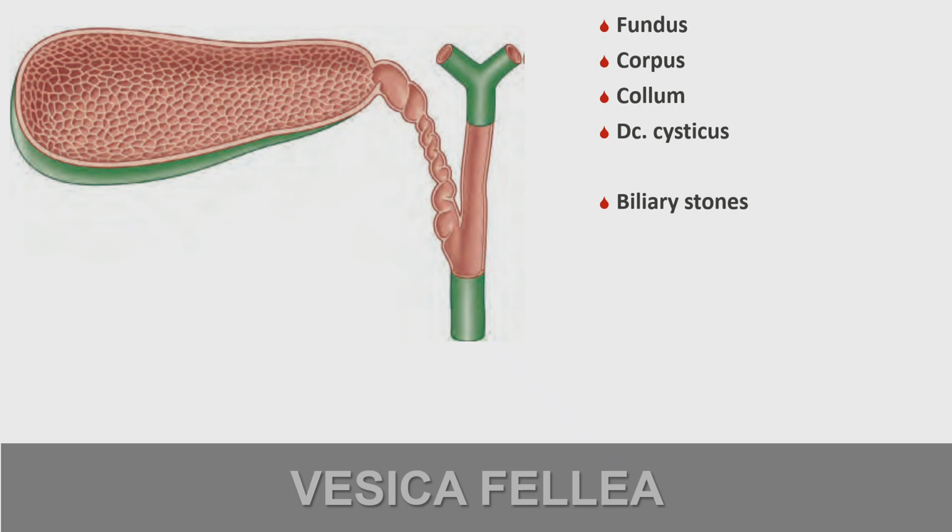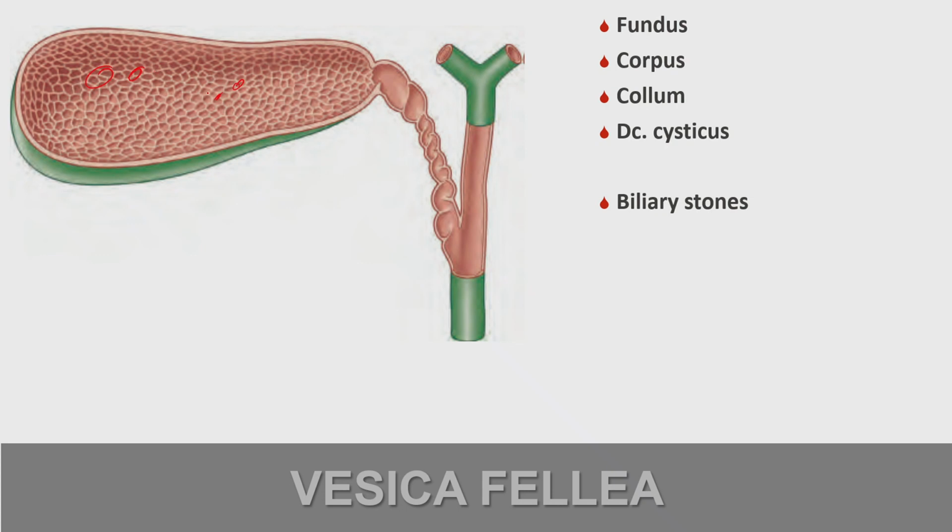Vesica, gallbladder. It's a hollow organ which is like a sac forming a space for bile, and the bile here undergoes resorption of the water, so it's more dense, more dark, and the water from bile is resorbed by the mucosa.